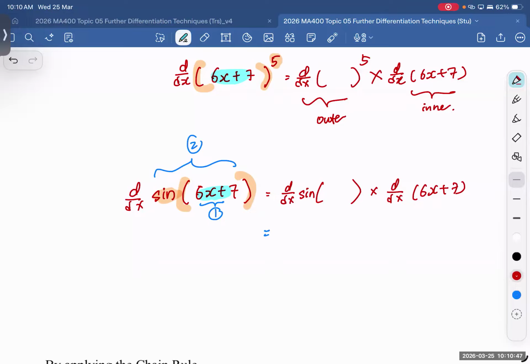Differentiate 6x plus 7, I get 6. What's my answer? 6 cosine, and whatever is inside the bracket, I just copy paste. So far okay?